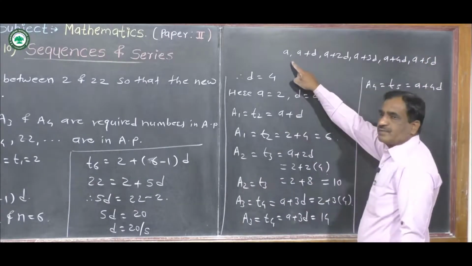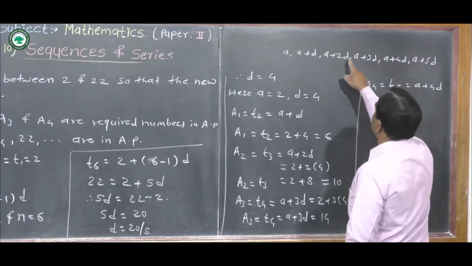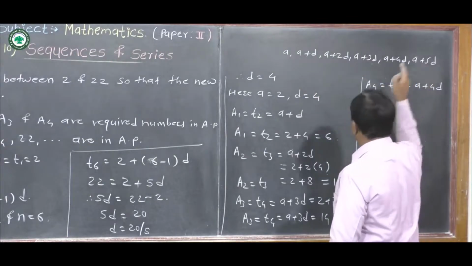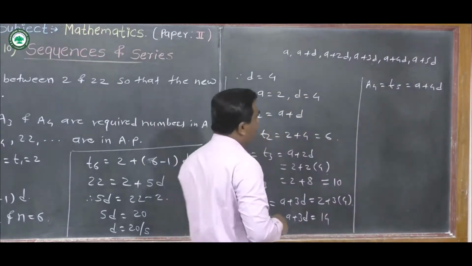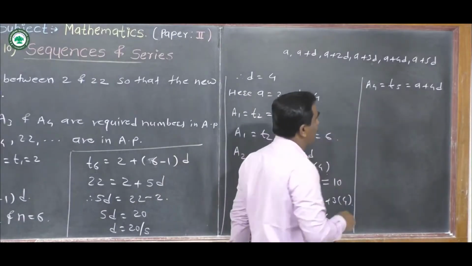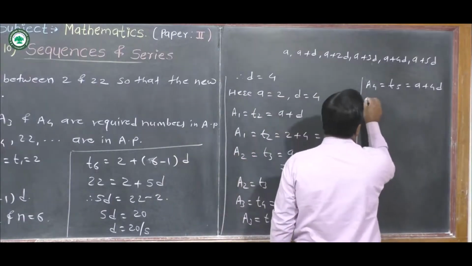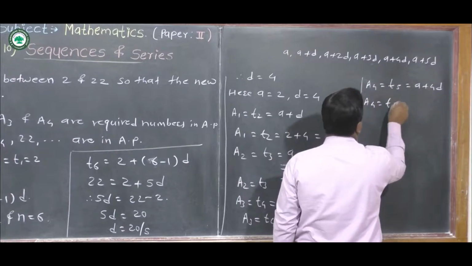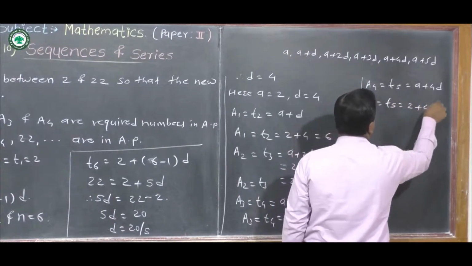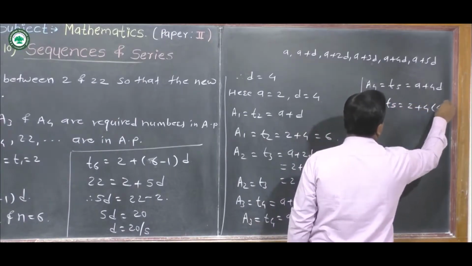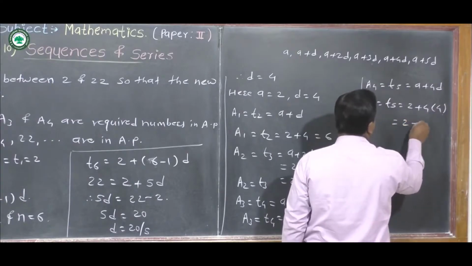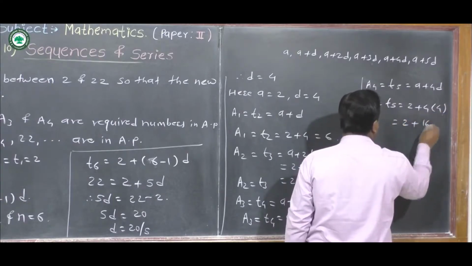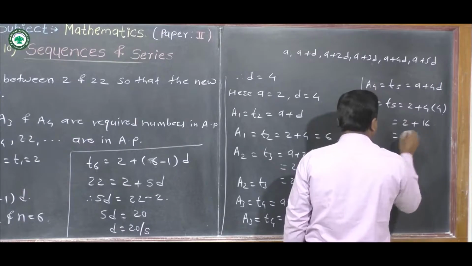There are 6 terms in the AP. Now this is the fifth term a4. We put the values of a and d here: a4 equal to t5 equal to 2 plus 4 into 4, that is 2 plus 16 equal to 18.